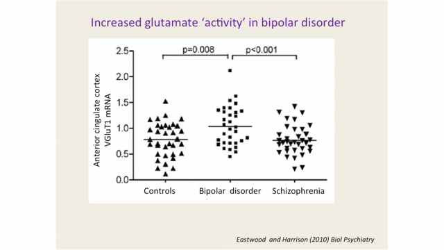Here the patients with bipolar disorder, now shown as individual dots, had a higher level of activity with this particular molecular marker than did control subjects, or indeed than did subjects with schizophrenia. So this might suggest that this part of the brain in bipolar disorder is not less active, it's more active, but it's less adapting the activity it should have to what's going on in the environment, if you put together this increase with the decrease in the marker previously.